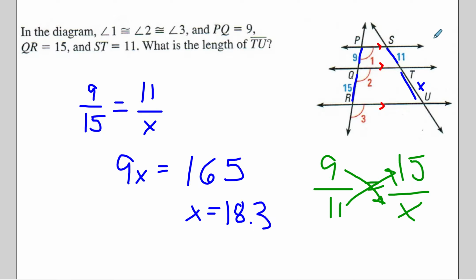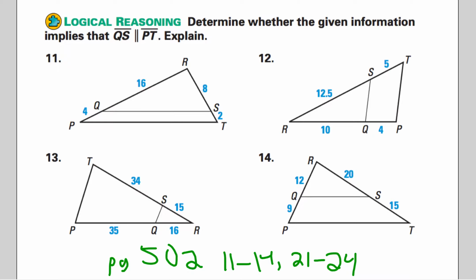As it says on the board, your homework is page 502, 11 through 14, and 21 through 24, I believe. Yeah, that's right. And you have to do all 8 of those problems. We will grade the even ones, and you will get credit just for doing the odd ones.